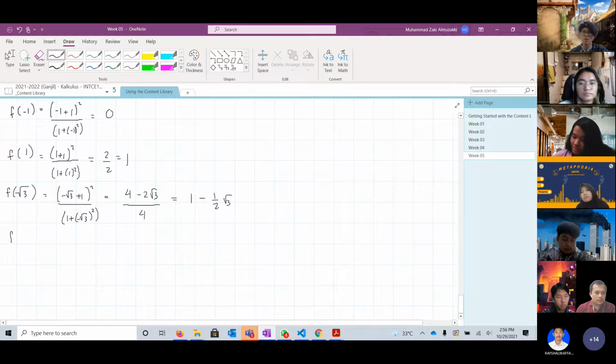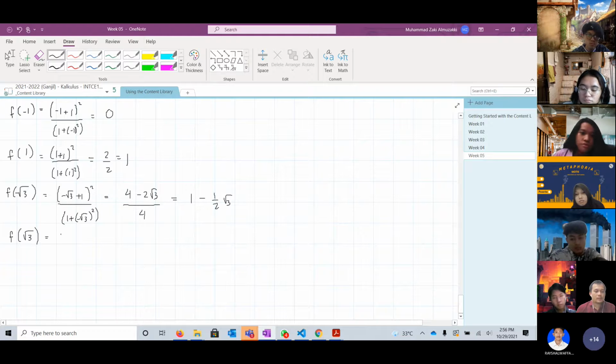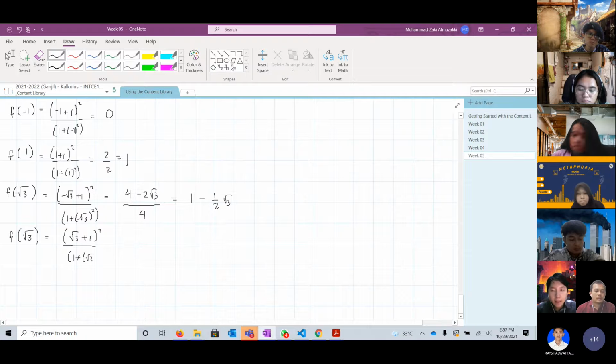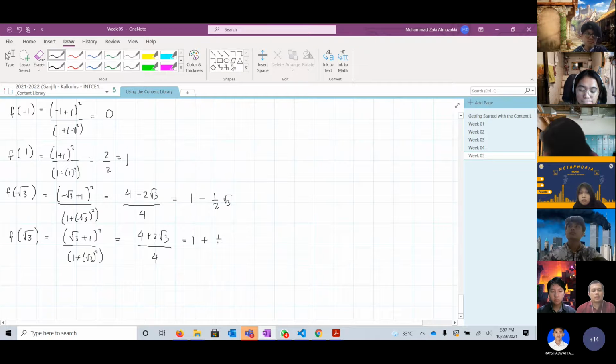And f of positive square root of 3 is (square root of 3 plus 1) squared over (1 plus square root of 3 squared). So we have 4 plus 2 square root of 3 over 4, which is 1 plus half of square root of 3.